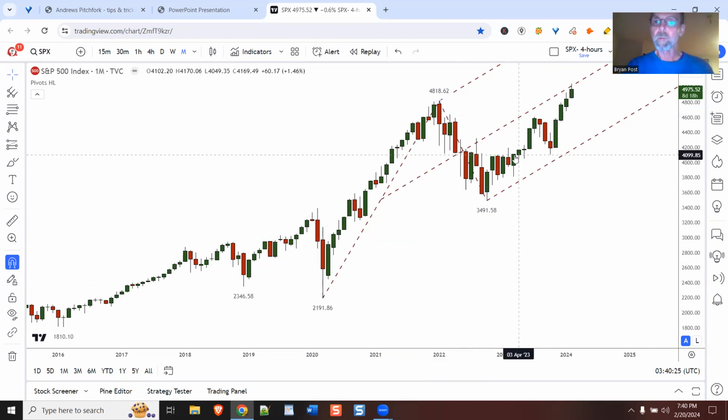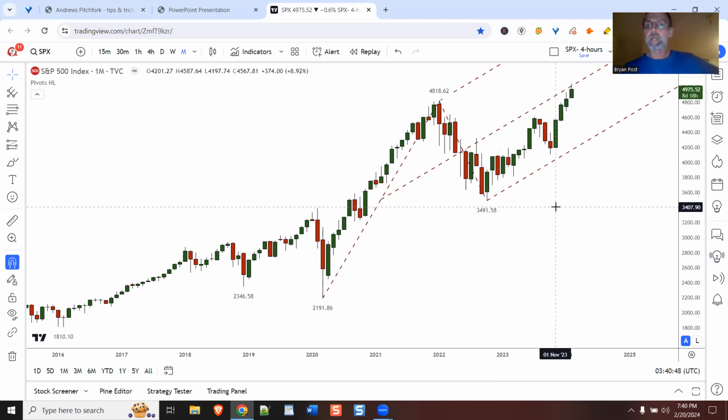We can see that price almost made it up here to the median line before reversing. It didn't quite pull back all the way to the lower median line before shooting up, and now is currently finding resistance at the median line of the fork.